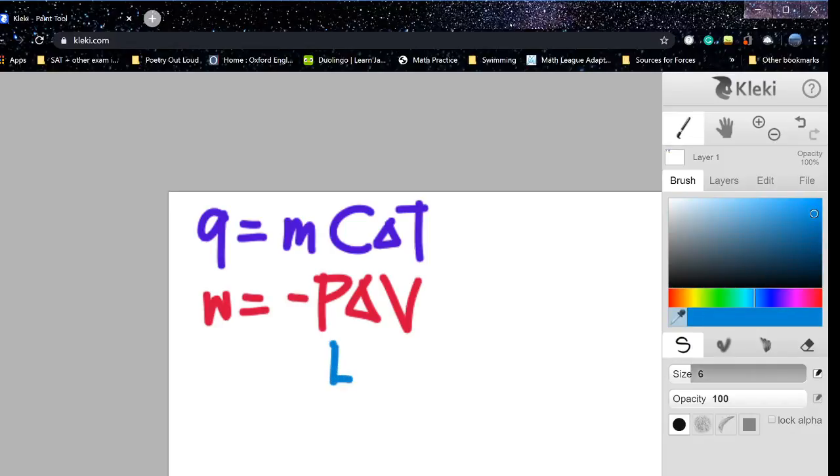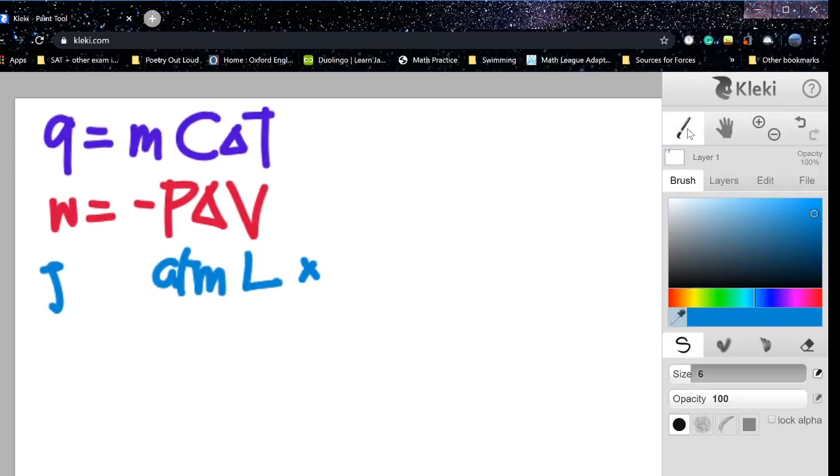So this is in atm times liters, and this wants to be in joules. So you would have to multiply this by the conversion factor.